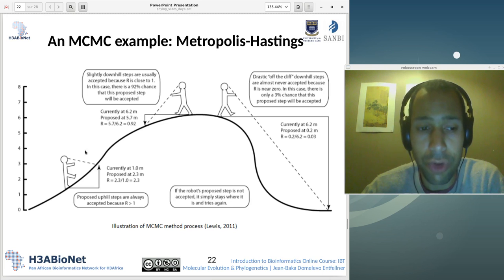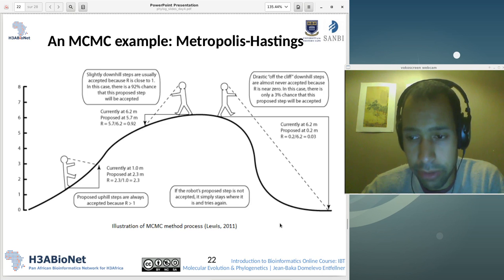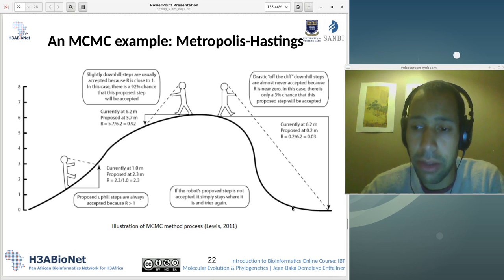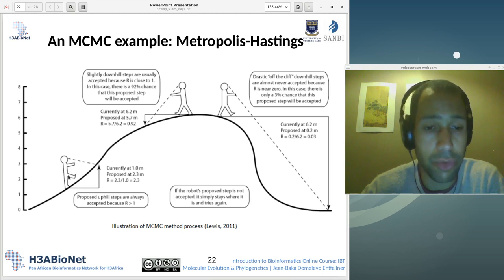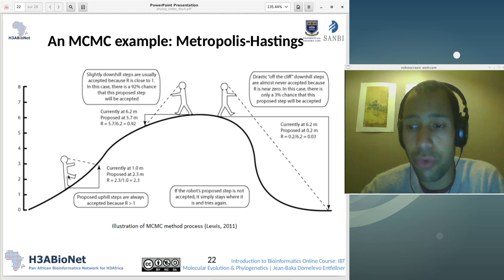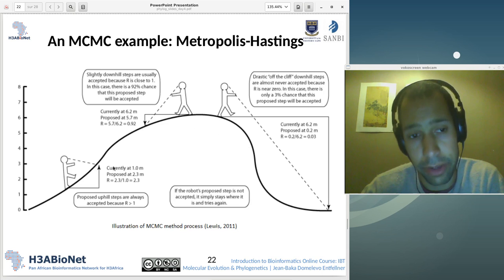Okay, they're going to jump from one point to another on the x-axis, and they're going to sample the likelihood where they are. And the idea is that we want, with a few robots, in a way, to achieve a good coverage of all the parts of the landscape that are high. Okay?